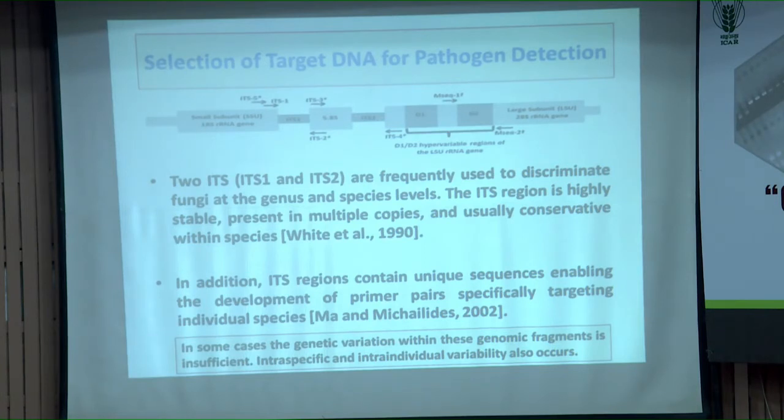I told you the example earlier, with Fusarium fusiculae we are getting the same hits, 100% identification, 100% query coverage. So, ITS is not suitable for the development of a marker for that particular pathogen. Then intra-specific and intra-individual variability also occurs in this region.